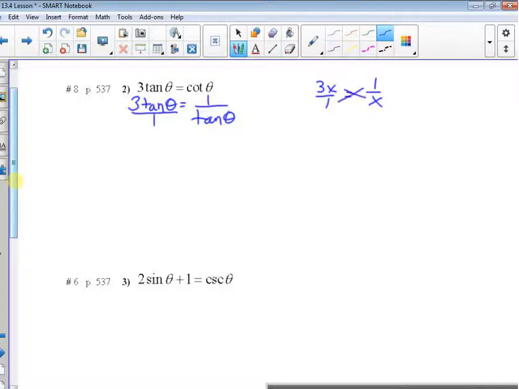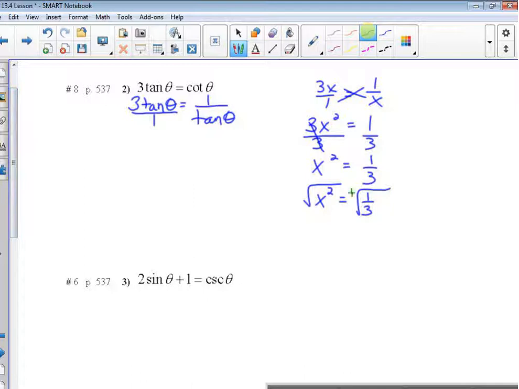So when you cross multiply that, you get 3x squared equals 1. And then I'm going to divide both sides by 3 and get x squared equals 1/3. And then I'm going to square root both sides. And when I do that, I have to do plus or minus. So I really have x is equal to plus or minus 1 over radical 3.